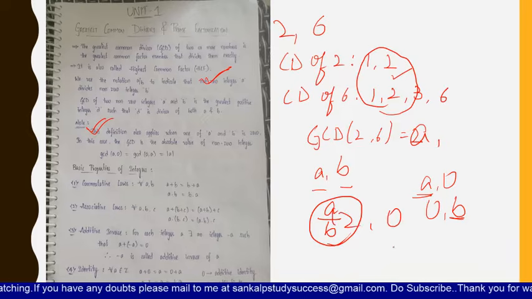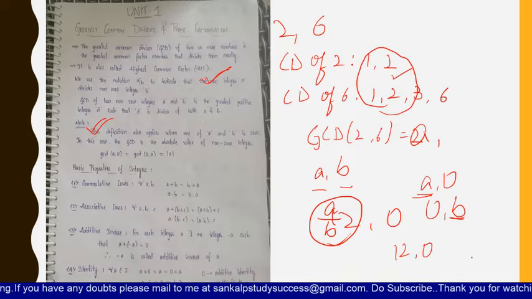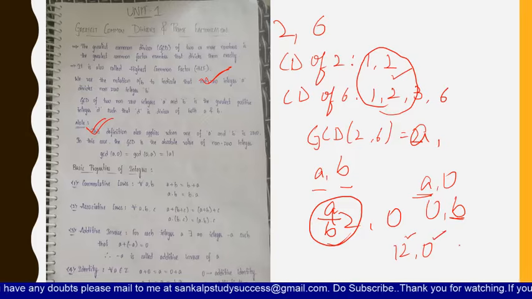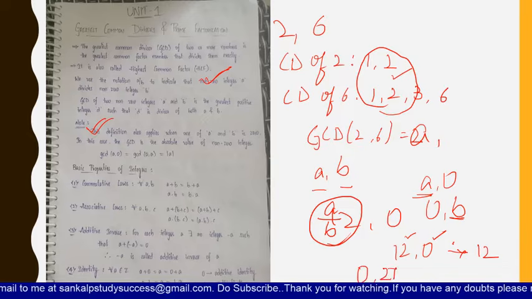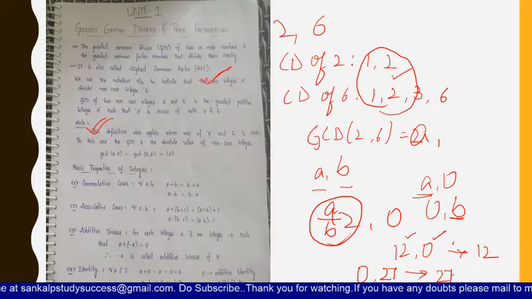Let us take an example 12, 0. Here one of the number is 0 and the another one is a non-zero integer. So now GCD will become the number itself. If the first number is 0 and the second number is, let us say, 27, then the GCD again will become 27, the number itself, because one of the number is 0 here.